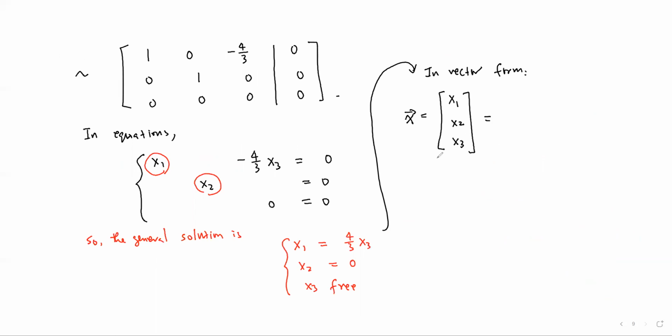Plug in the first equation for x1, the second equation for x2. x2 is always 0. x3 is arbitrary, so keep x3.